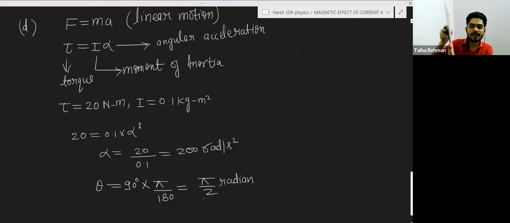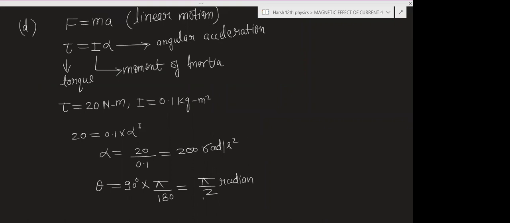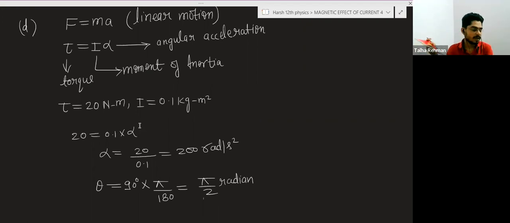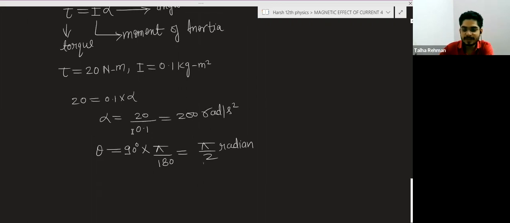Your coil is initially like this. Finally, your coil is rotated like this. The initial angular velocity of your coil is zero, because initially this coil is at rest. Now finally this coil starts the rotational motion. When the coil shifts by an angle of 90 degrees, then we have to calculate the angular velocity.